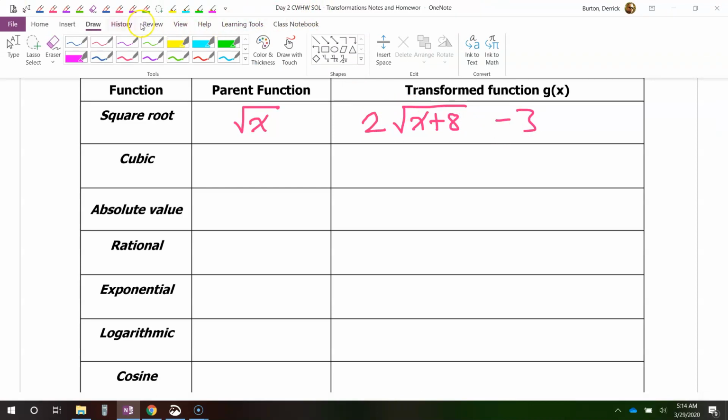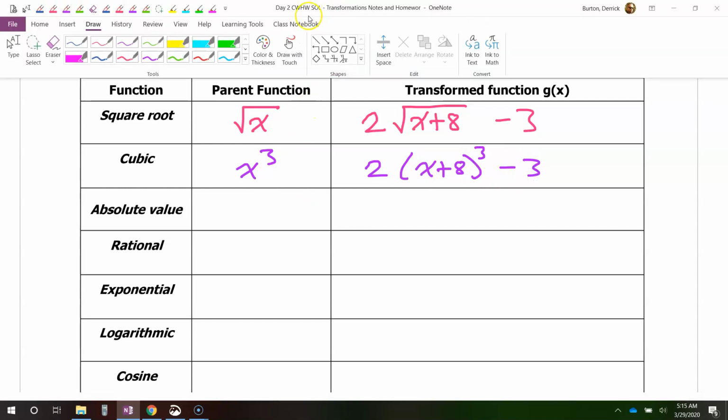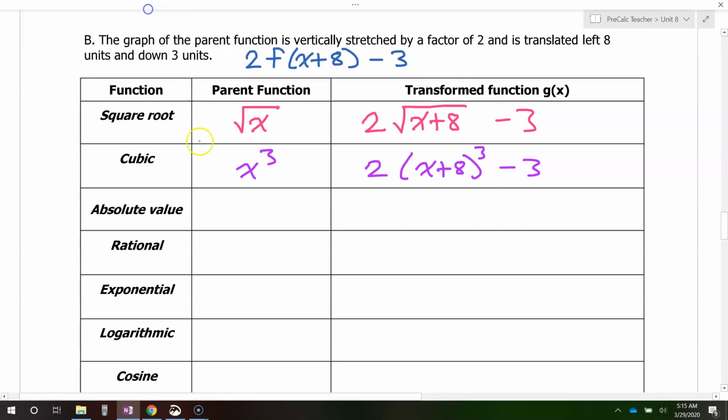Next, we have the cubic. The parent function is x to the 3rd power. With the 3 transformations, that's going to look like this: 2 times x plus 8 to the 3rd power, and then the minus 3.